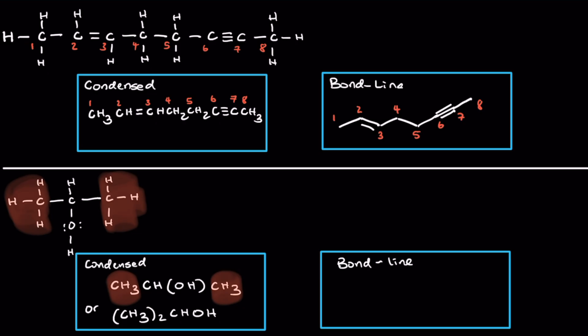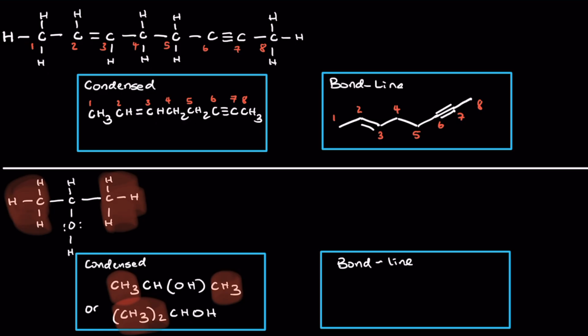So in this case, the two CH3 groups are sort of condensed into parentheses with a subscript 2, which is telling us that there are two CH3 groups that are bonded to the CH group in the middle, and then our OH group is sort of placed on the right-hand side. So once again, there's several ways to do a condensed formula. The key thing is to ensure that your connectivity is correct and that you are following some of the conventions when it comes to when to show a bond and when not to show a bond.